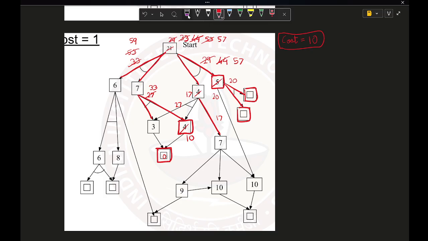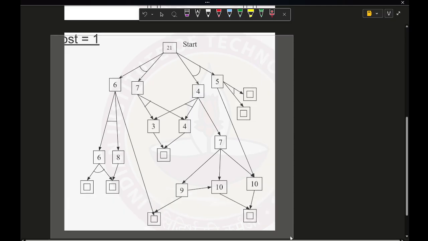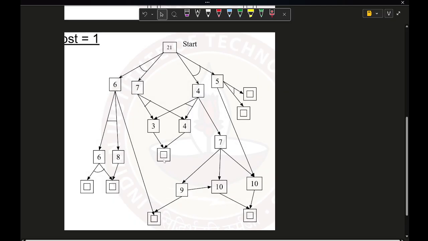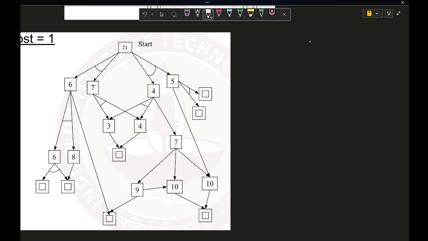Meaning? Let me show that. Okay, so let's start with this here, that this is 21.